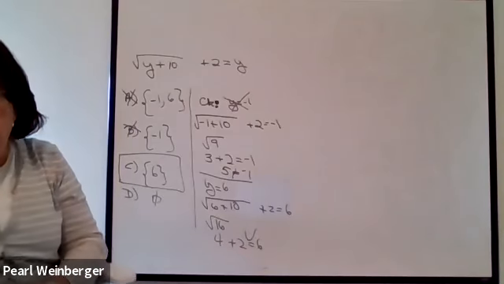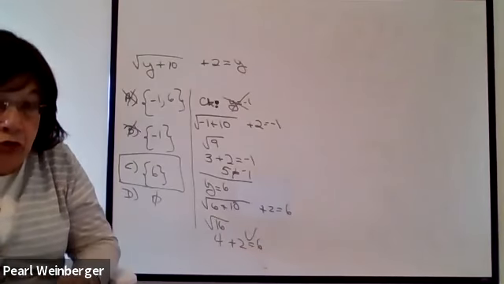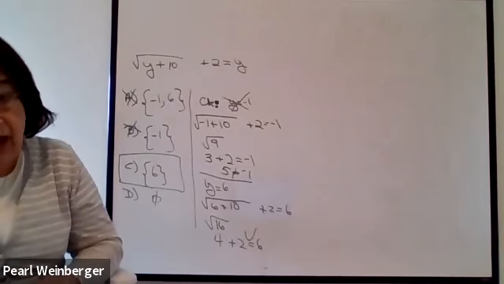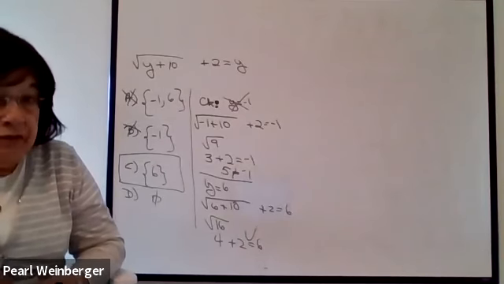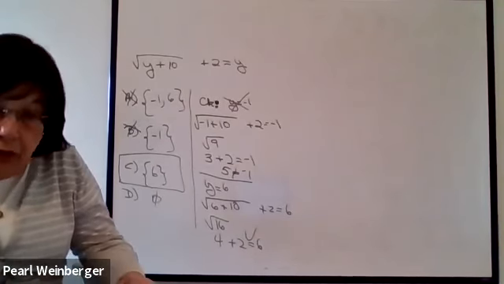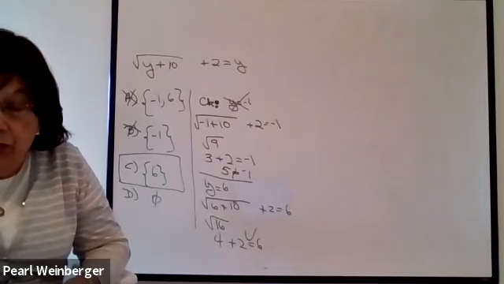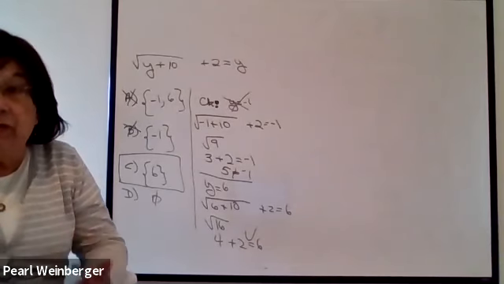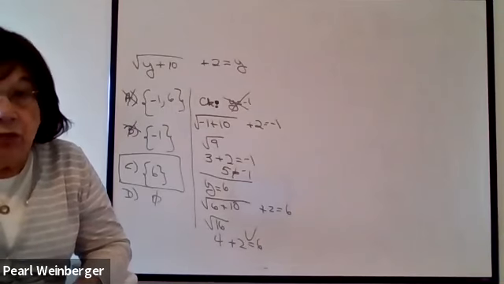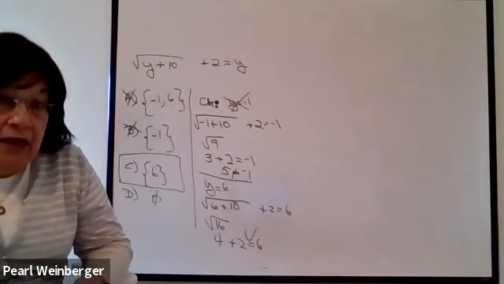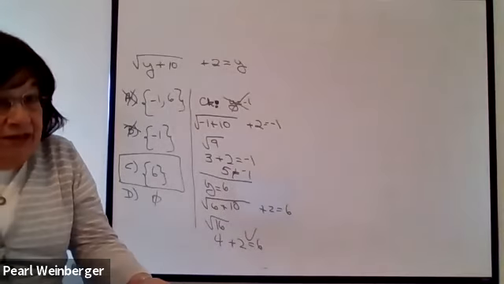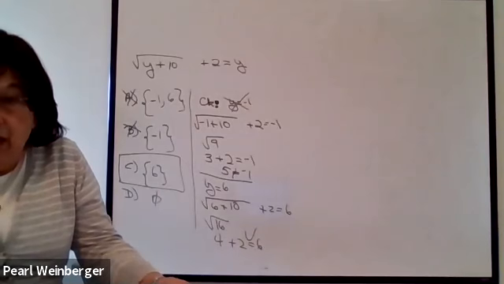And notice it was a much easier problem to do because it was multiple choice. I only had to do the check. I didn't have to go through the whole process of solving it. Of course, we could have solved it. I assume when we solved it, the answers that would have come up are 1, -1, and 6. I still would have had to do the check. So here's a way to save yourself time in case it's a multiple choice question. In some cases, multiple choice questions make it easier.